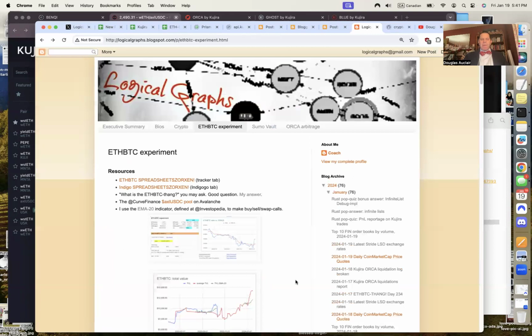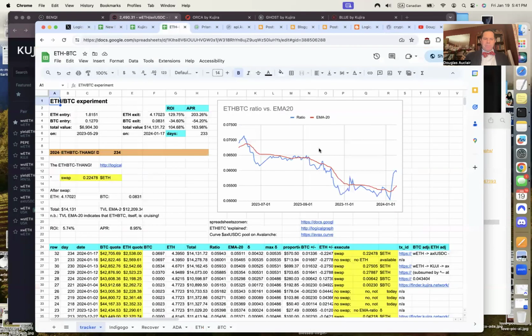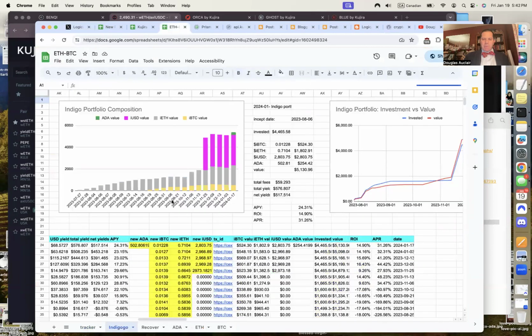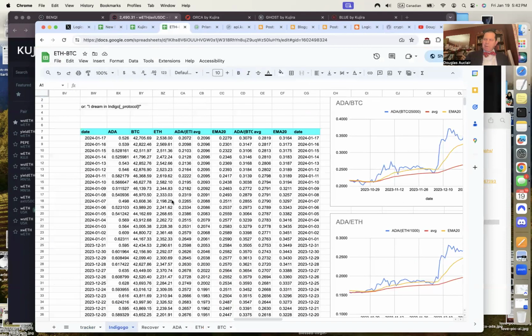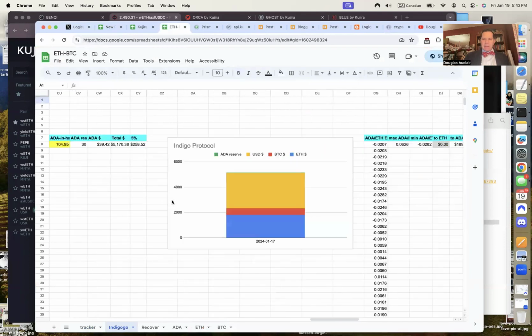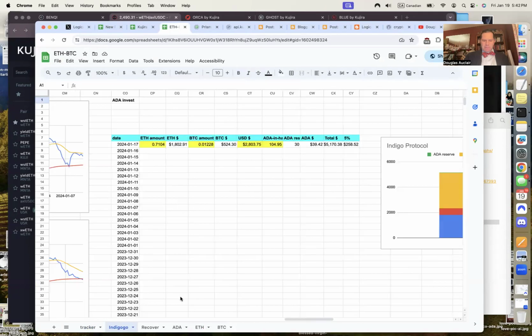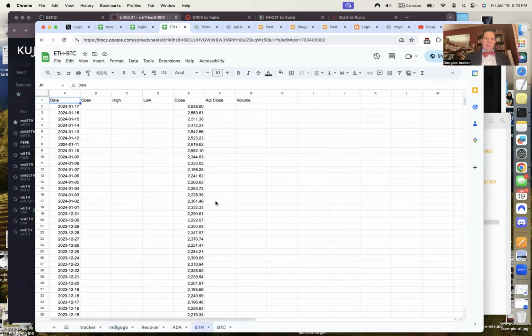Okay, so what is the ETHBEF thing? If you look at my spreadsheet and we go to the Indigo portfolio, you see on the Indigo portfolio that I have tracked all the prices of Ethereum for the past 100 days and all the prices of Bitcoin tracked for the past 100 days.